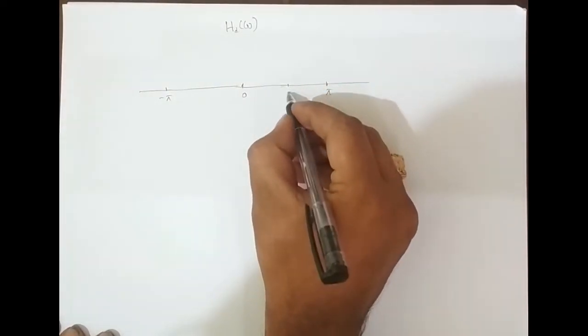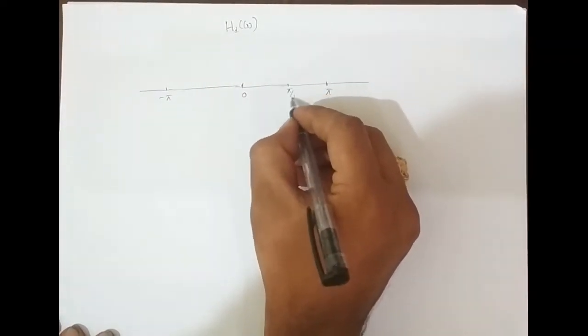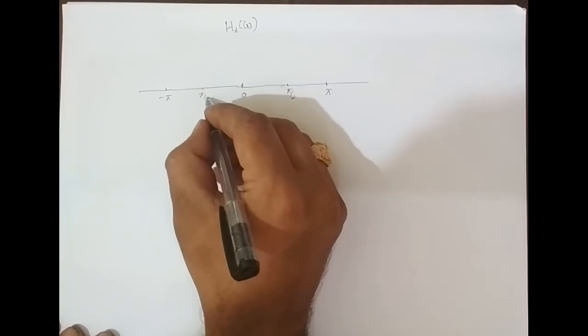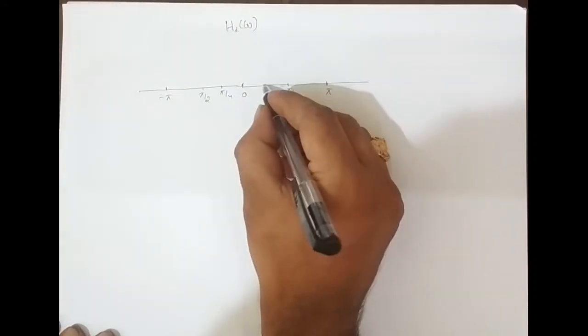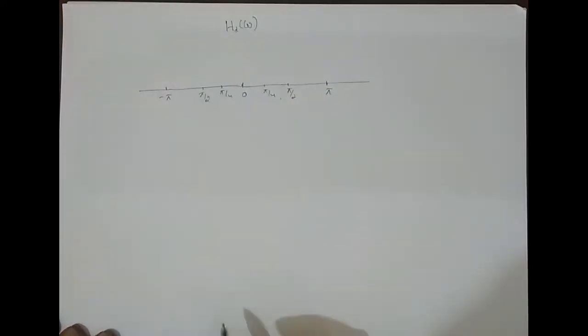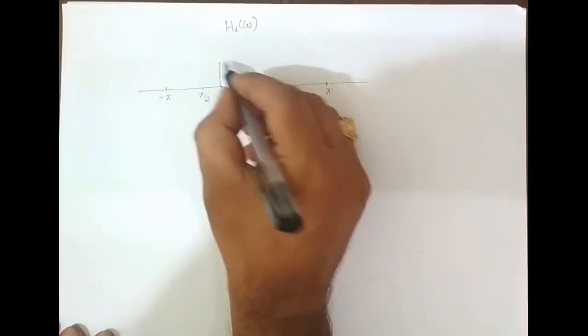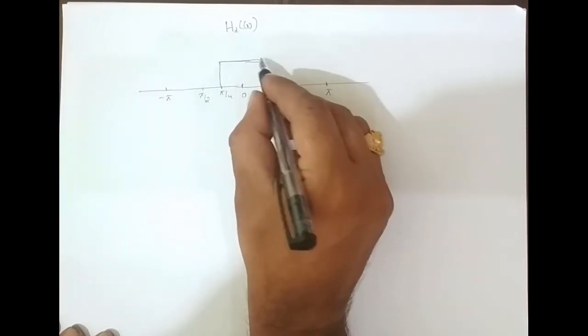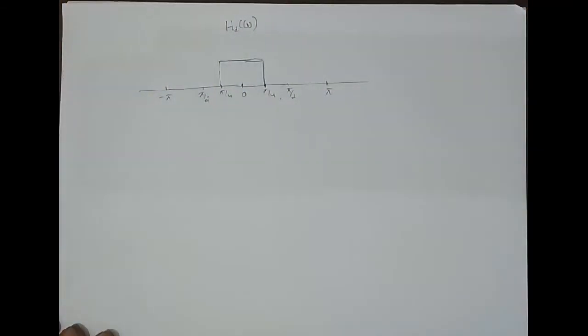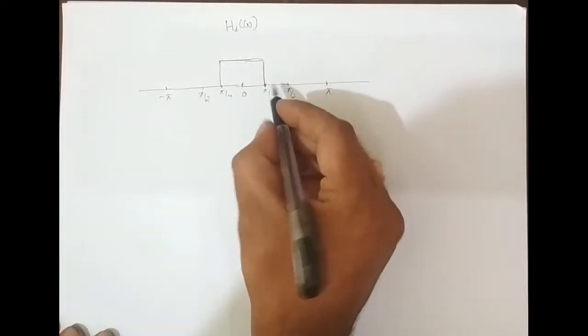For example, if this is pi by 2 and this is pi by 2, and this is pi by 4 and this is also pi by 4, then it is 1 times e power minus j 2 omega, with magnitude 1 for magnitude of omega less than pi by 4.